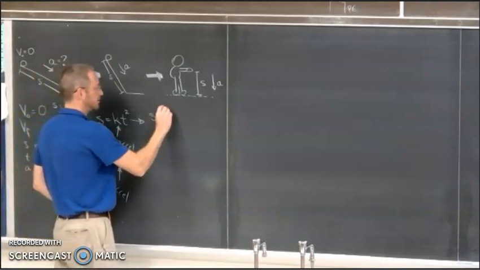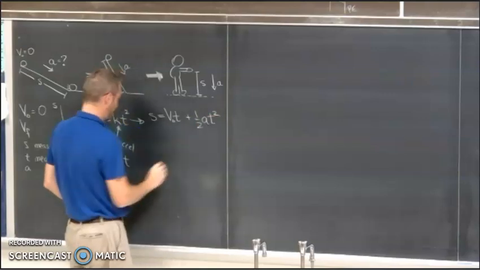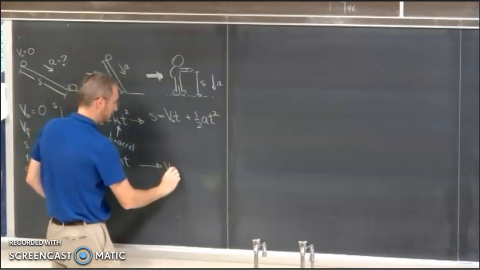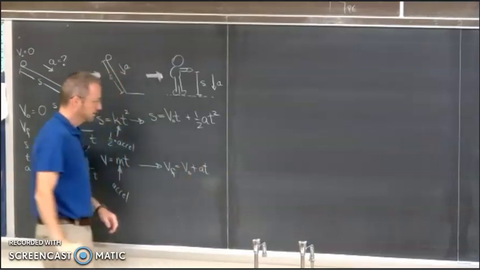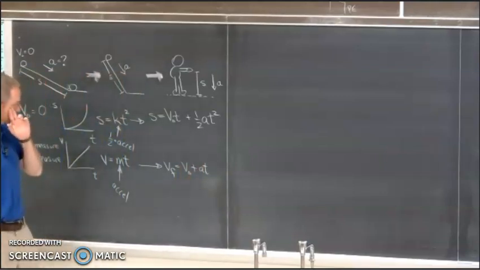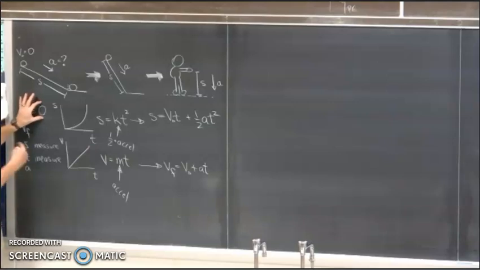So S equals V0 T plus 1/2 A T squared, and Vf equals V0 plus A T. We're going to use these to determine these based on the specifics of, we chose that to be 0 because I dropped it from rest. And then we measured those, and we know that that's a 60th of a second for each dot.